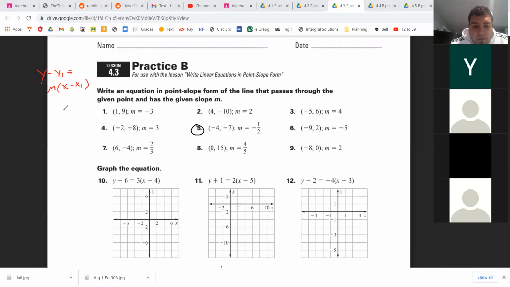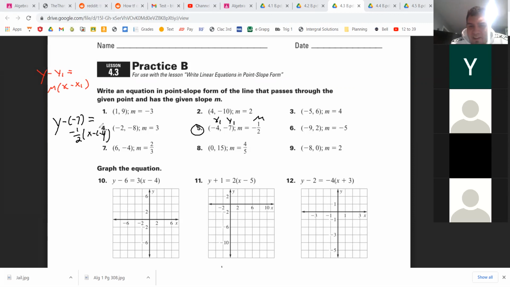Number 5 here, you have a y1, which is right here. You have a particular y, you have a particular x, and you have an m. So it's super easy. All you have to do is plug it in. Y minus -7 equals -1/2 times x minus -4.